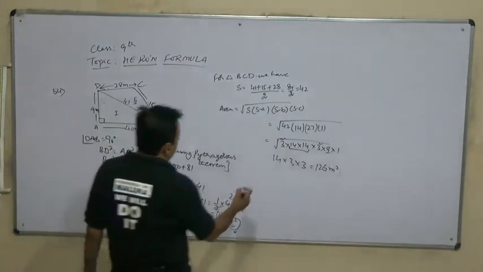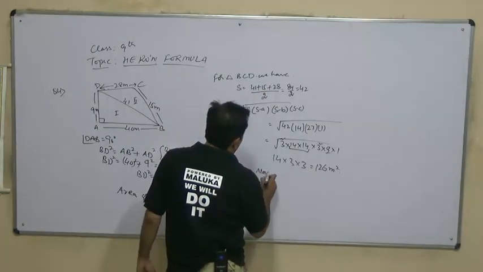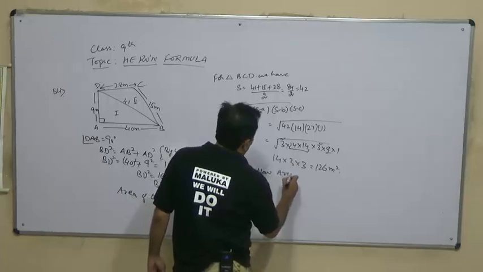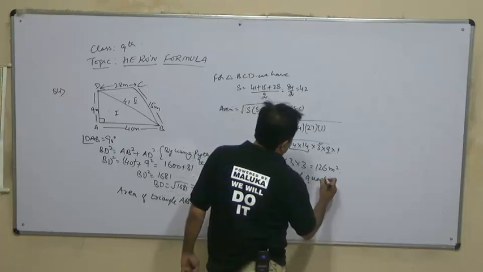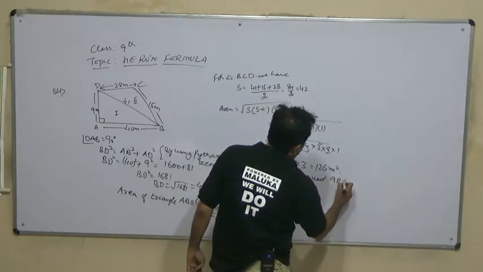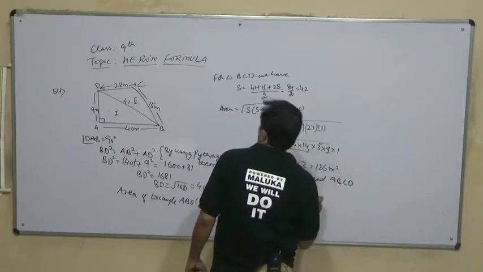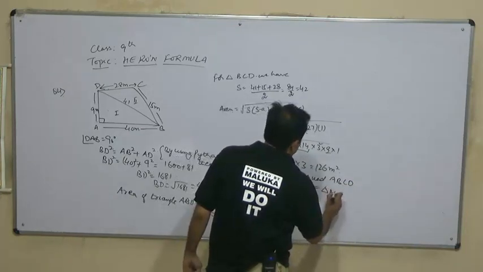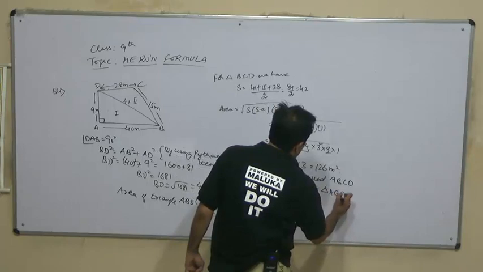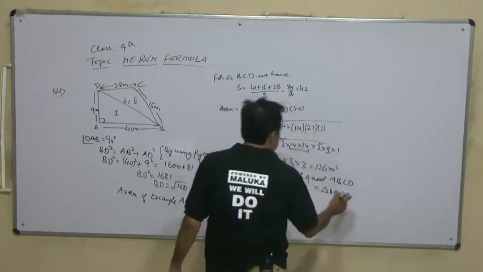So the area of quadrilateral ABCD will be equal to triangle ABD plus triangle BCD.